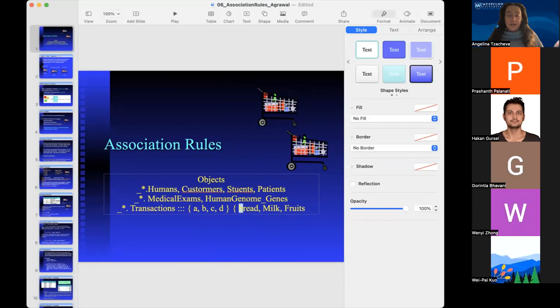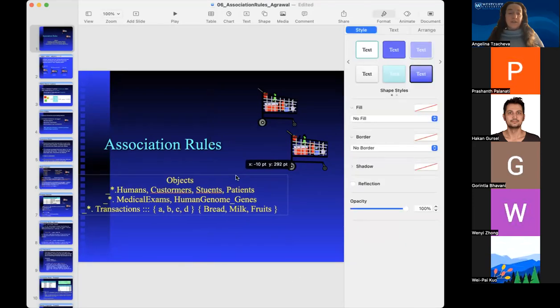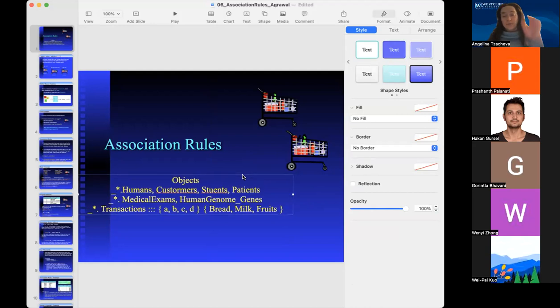So the transaction like this will be recorded in the database every time we check out, every time we have a new receipt, right? The receipt is showing what we purchased. So the combination of items that we purchased is a transaction that gets recorded into the database.